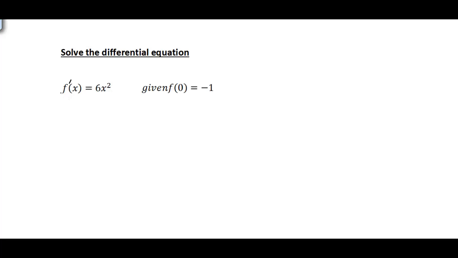Well, to start out, we have f prime of x equals 6x squared. So just like before, we're going to take the integral of both sides. So the integral of f prime of x is going to be equal to the integral of 6x squared.